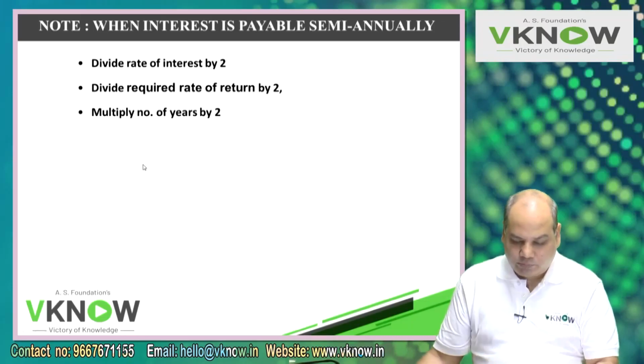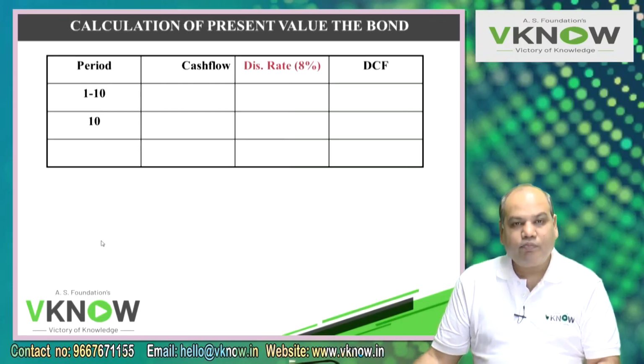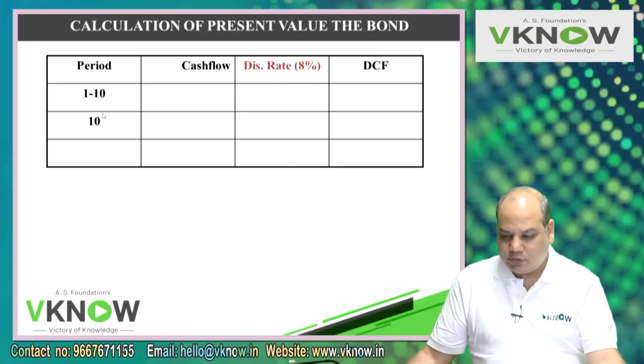Okay, so are we ready for solving this question? Right. So in the book only we will solve. Now instead of year, it is better to write period, and one period comprises of 6 months.